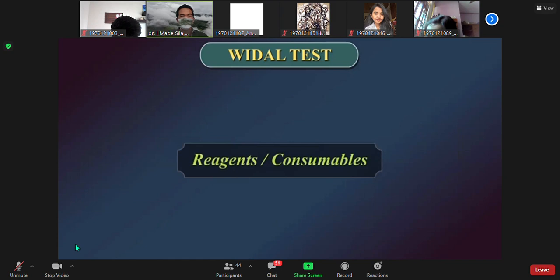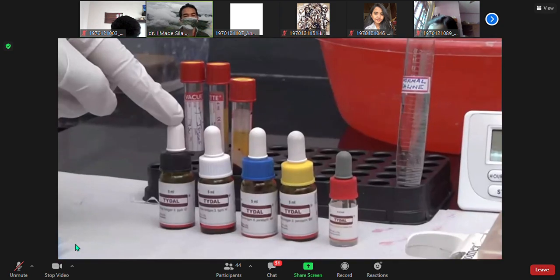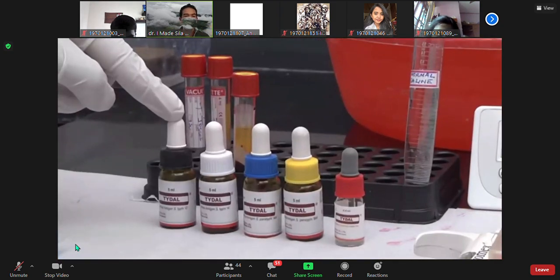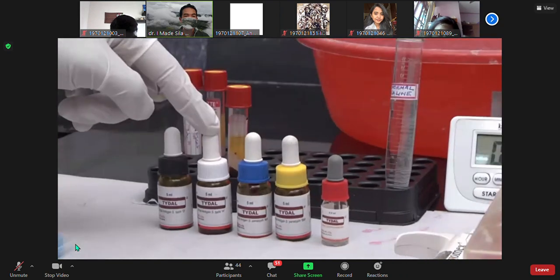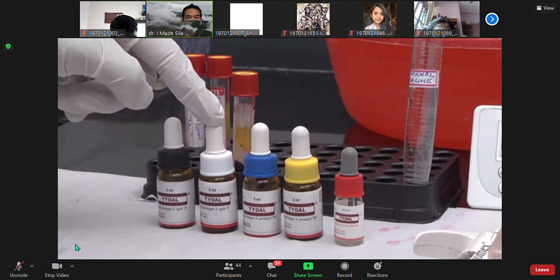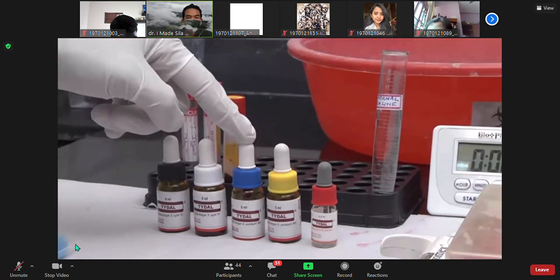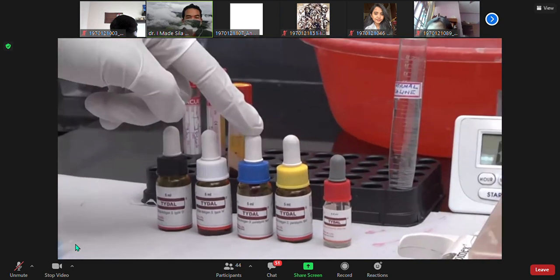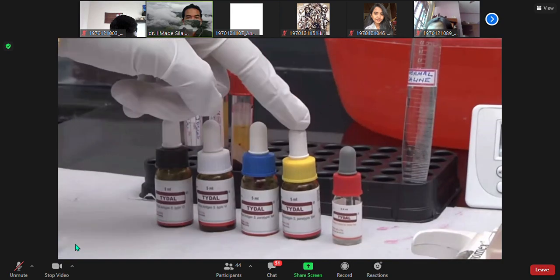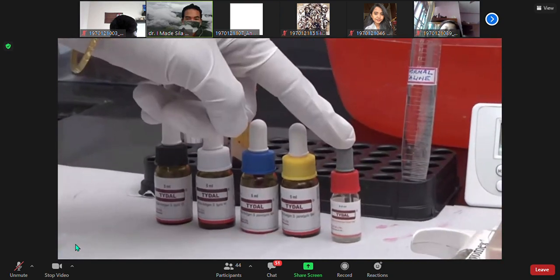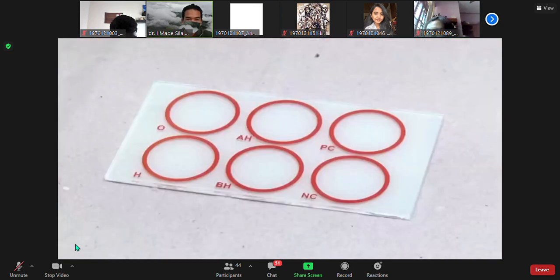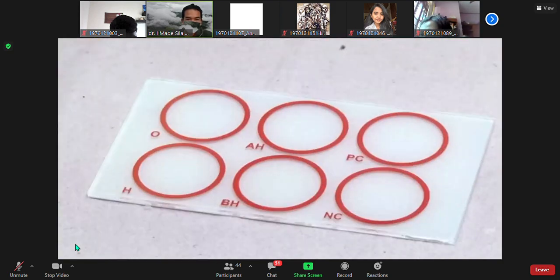Reagents and consumables. O antigen suspension. Salmonella paratyphi AH antigen suspension. Salmonella AH antigen suspension. Polyspecific positive control. Glass slide with 6 reaction circles. Applicator sticks.